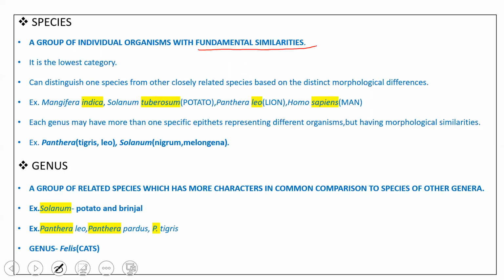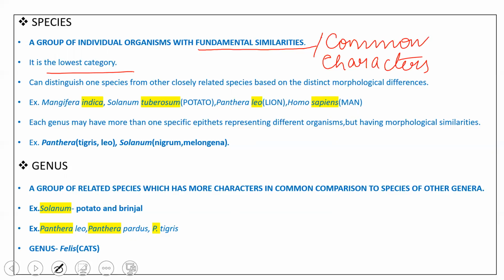At species level, more common characters will be present, more similarities between the organisms. A group of these individual organisms which have common characters or fundamental similarities is called a species. A group of species can interbreed in a population and it plays a very important role. It is the lowest taxonomy category.